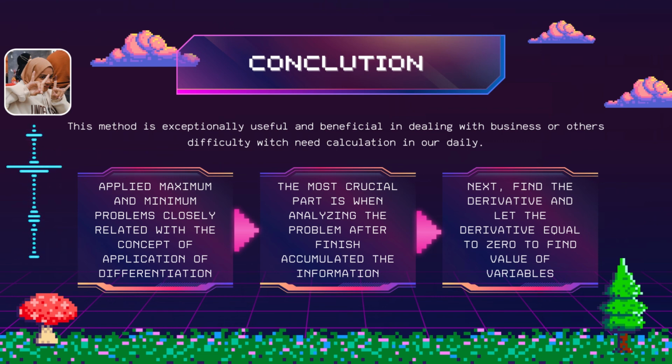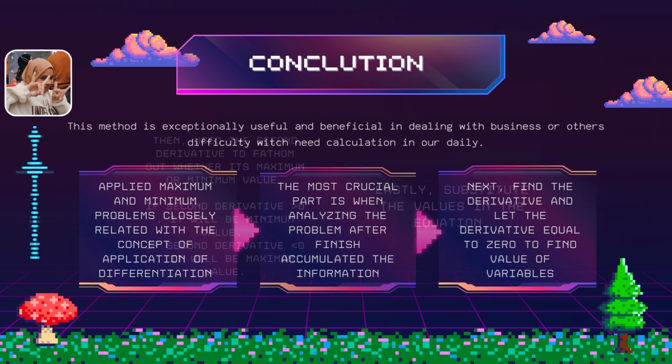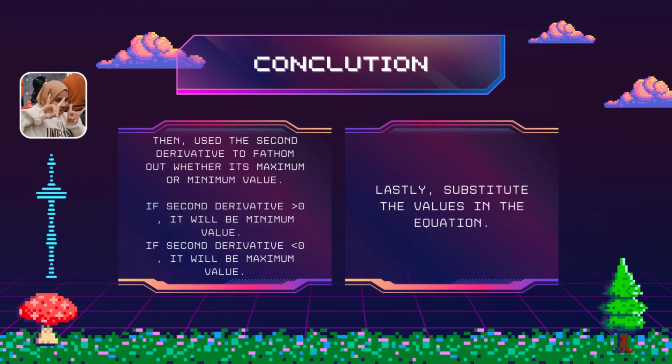Second, the most crucial part is when analyzing the problem after finishing accumulating the information. Next, find the derivative and let derivative equal to 0 to find value of variable. Then, use the second derivative to fathom out whether it's maximum or minimum value.